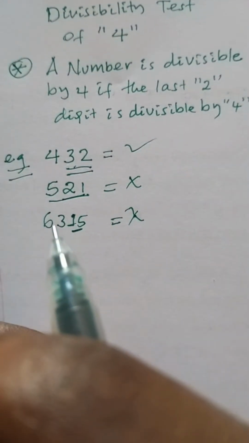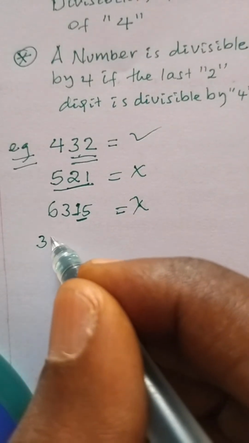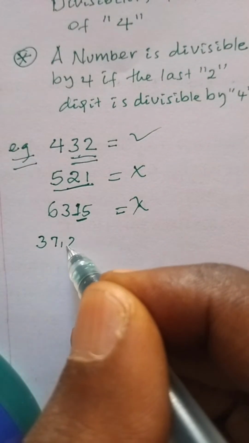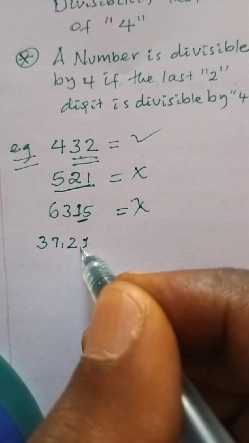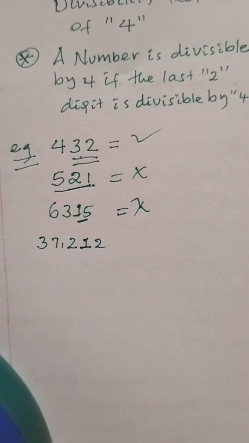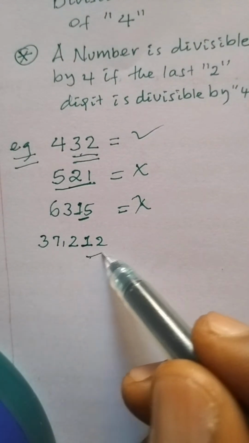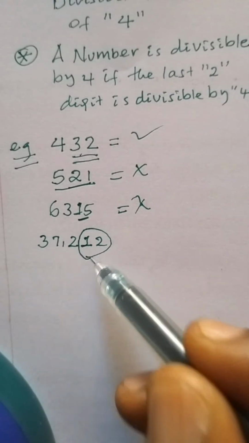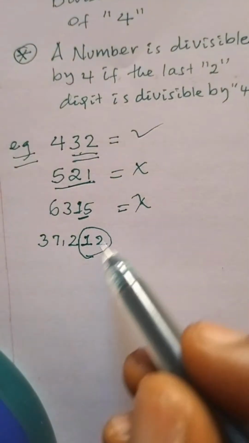Okay, another example. Let's say 37,212. To test whether it is divisible by 4, we look at the last two digits. Here the last two digit number is 12.